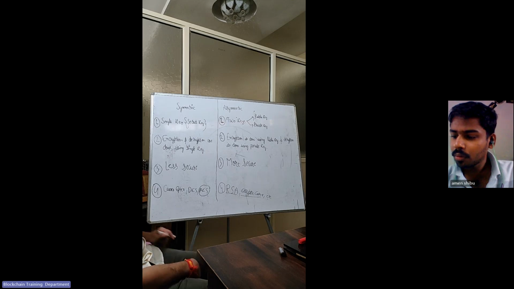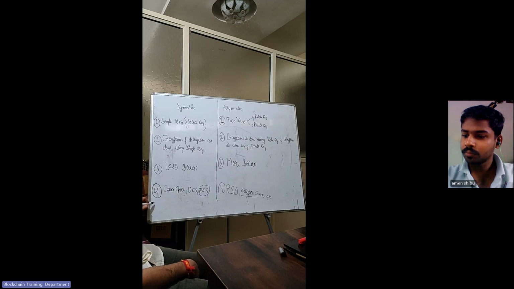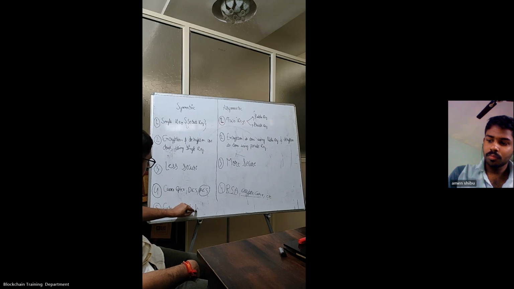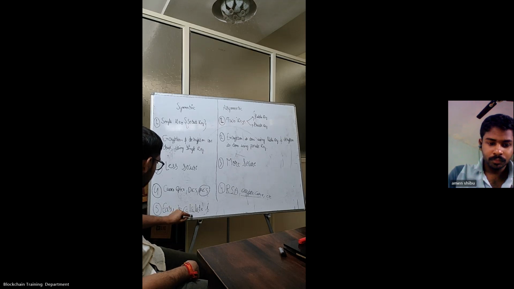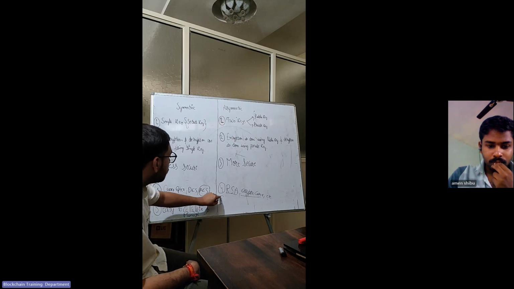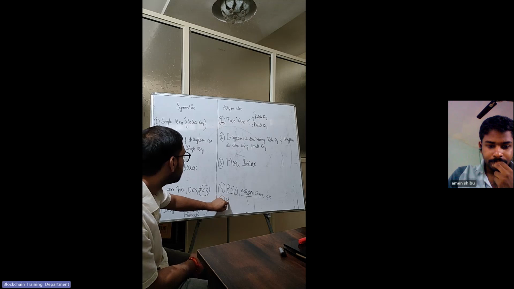Add a fifth point also. This point will come between 3 and 4. Easy to calculate and manage. Hard to calculate and manage.